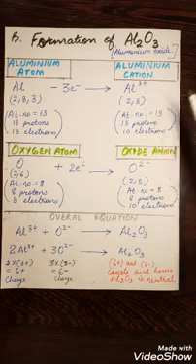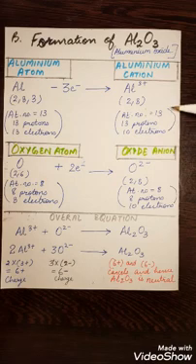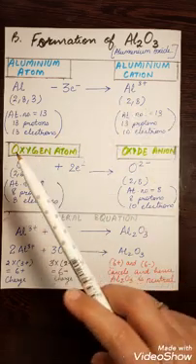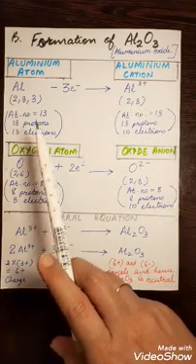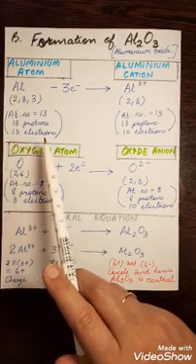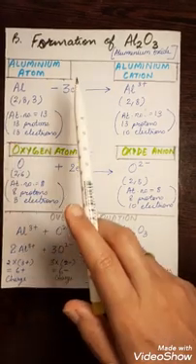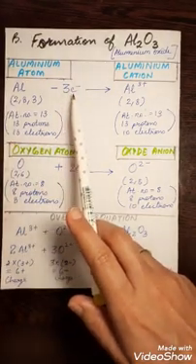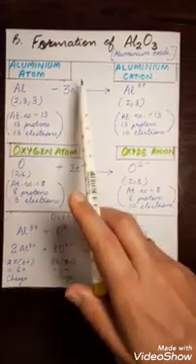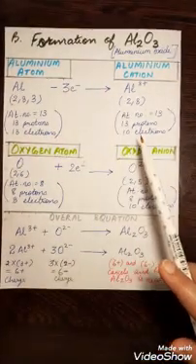Number of protons equals the atomic number always. So 13 protons. But how many electrons are there now? As we can see, the total electrons in the aluminium atom were 13, but the aluminium atom has lost its 3 valence electrons. So 13 minus 3 electrons, how many electrons are left?